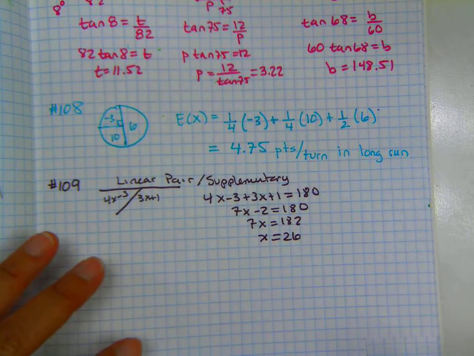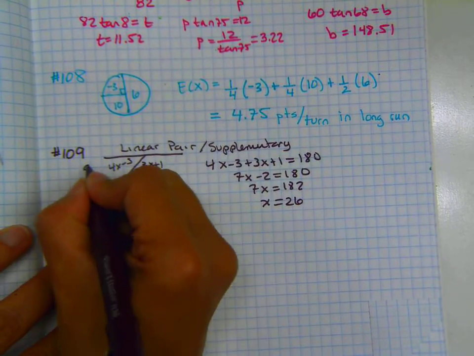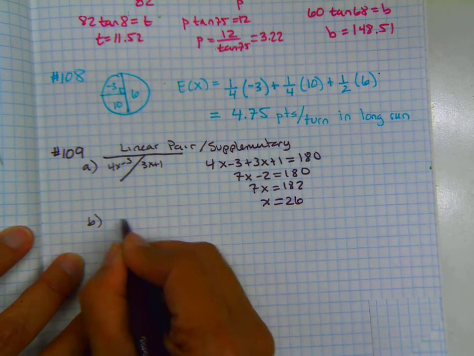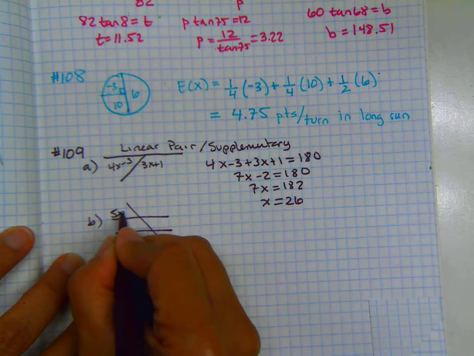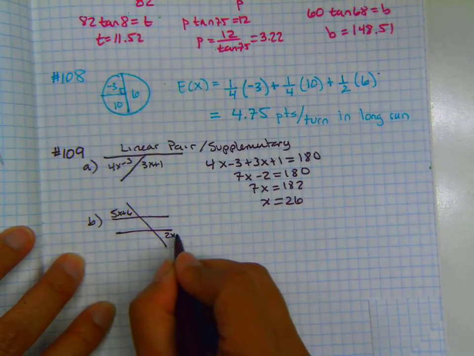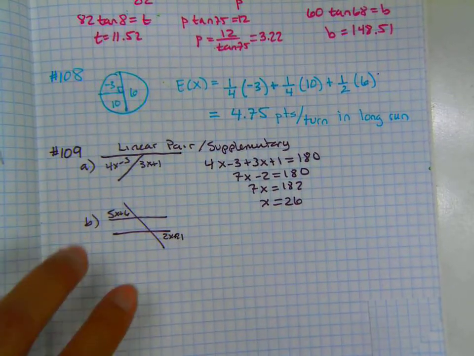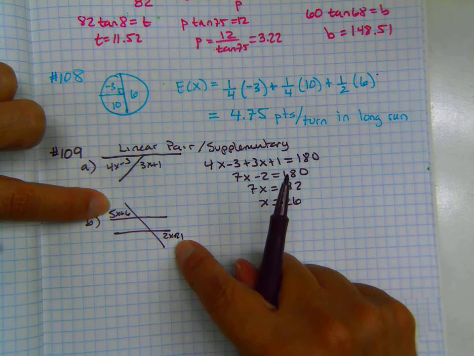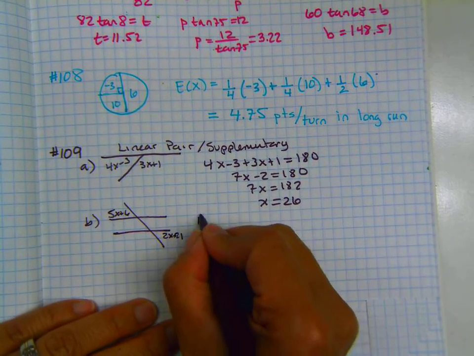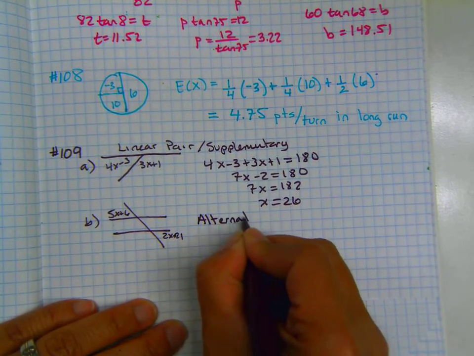Done. All right. That's A, B. We have 5x plus 6 and 2x plus 21. These are on the outside and they're alternating. So this is an alternate exterior.